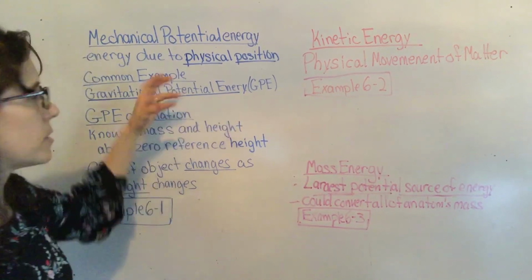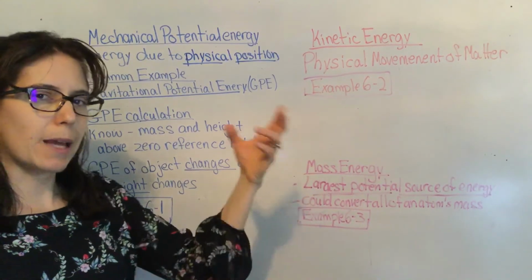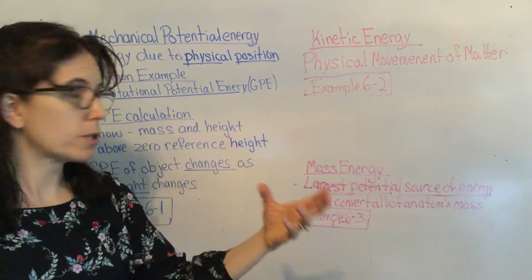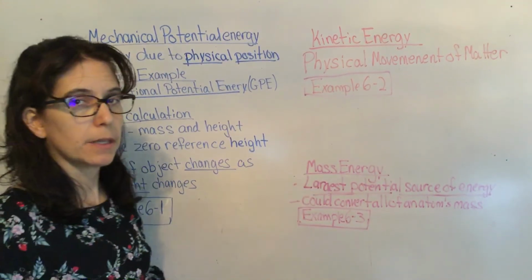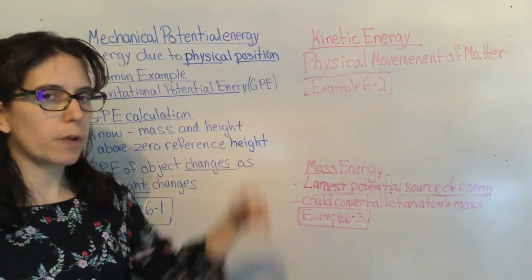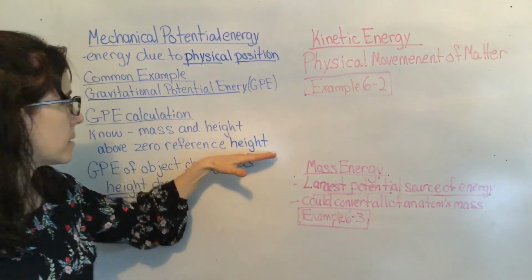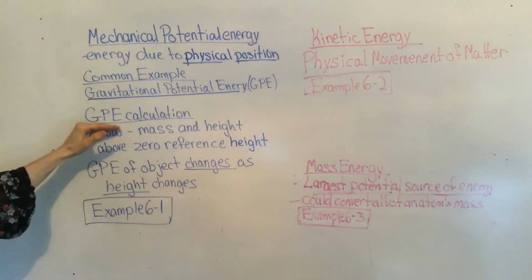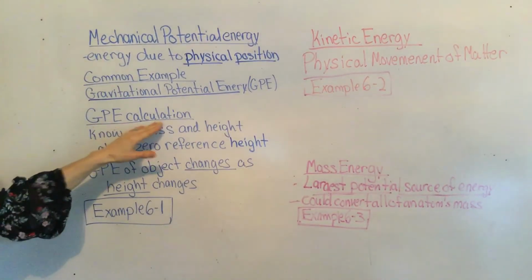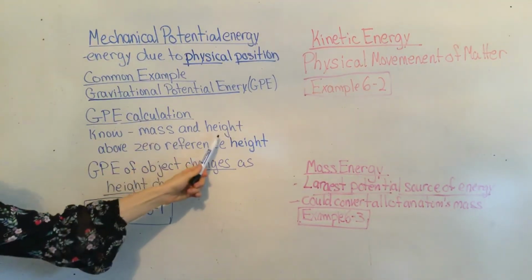This is the energy that an object has when it's acted upon by the force of gravity. In order to be acted upon by the force of gravity, remember the train at the top of a hill, it has to have a certain height. So for a gravitational potential energy calculation, we need to know the mass and the height.